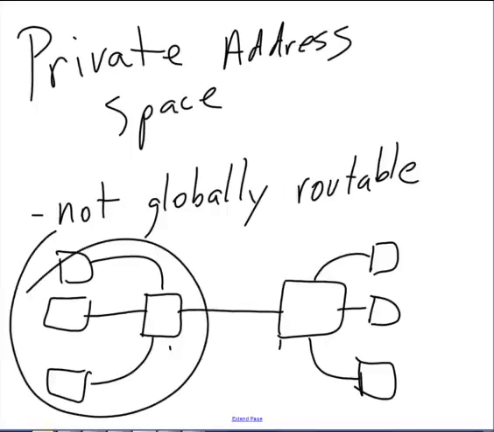If this is a private IP space, you cannot send messages from this network to a machine in this network. It won't happen. The routers are programmed not to forward those packets. Machines within a network can send to each other, but they can't send outside the network, nor can they receive from outside the network.